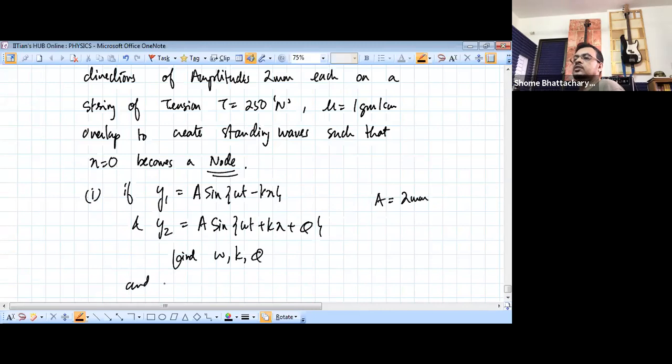Of course, that is, write the equation for the net disturbance y1 plus y2.